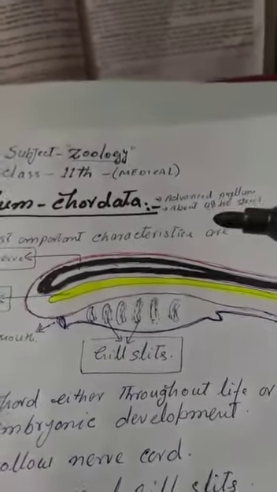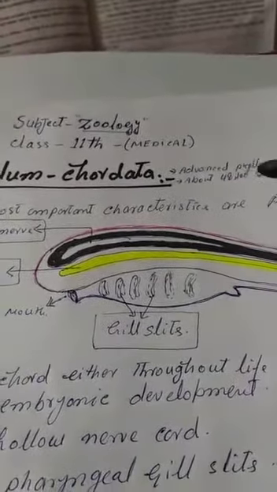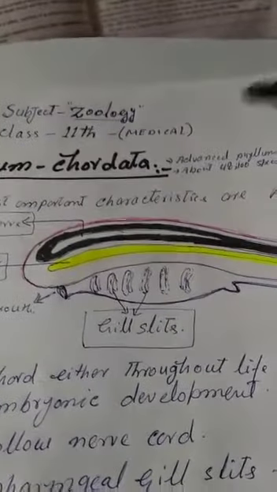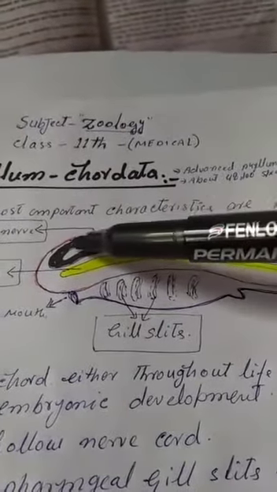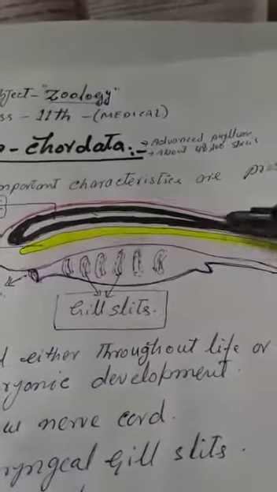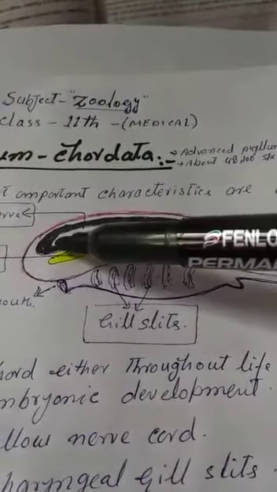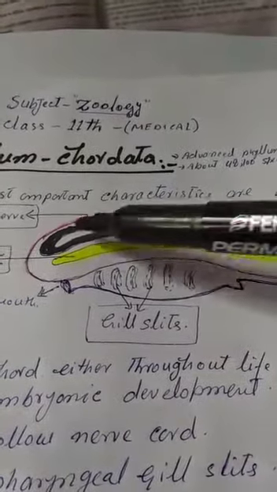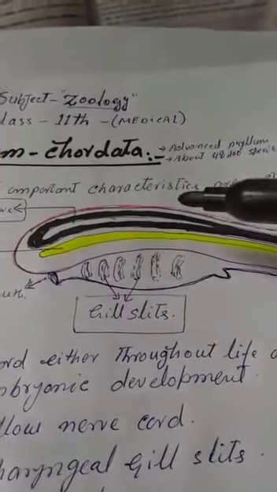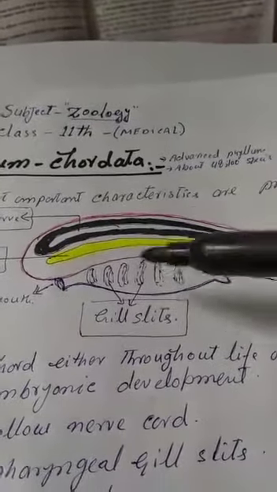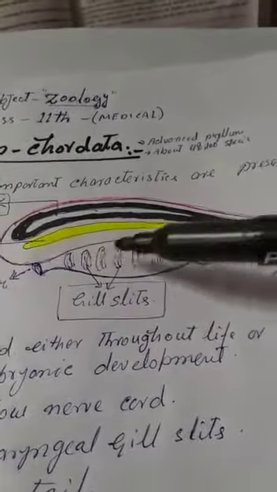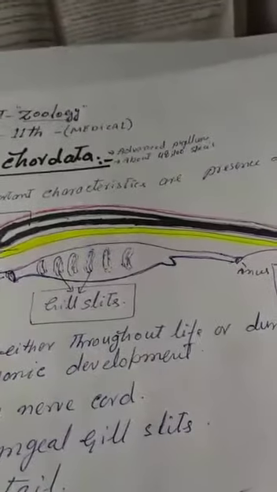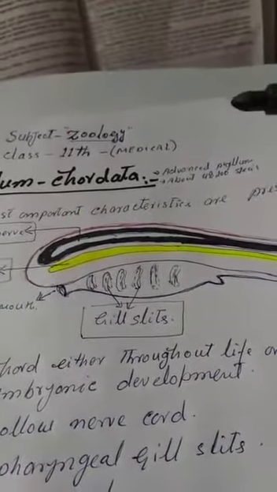Now, the second important character of this phylum is the dorsal hollow nerve cord, shown in these black lines. As you can see, it remains hollow and is located dorsally. Thirdly, the paired gill slits, as you can see here. The presence of these paired gill slits is another characteristic of phylum Chordata.